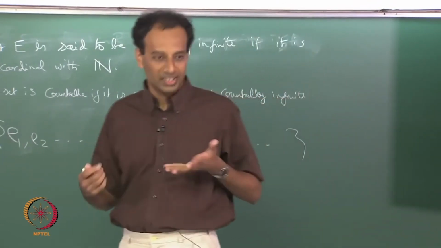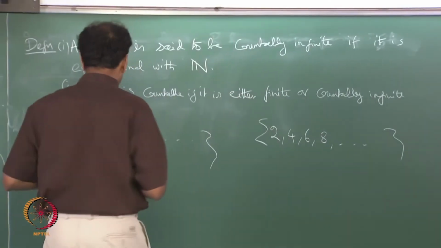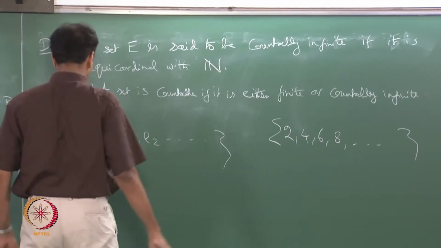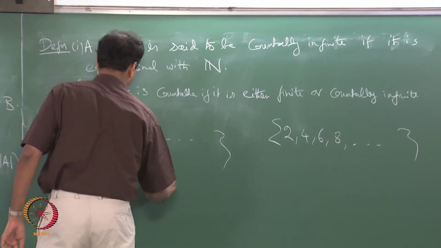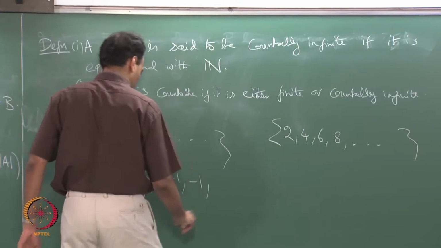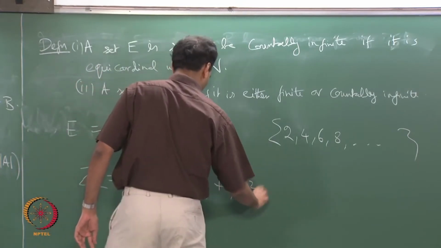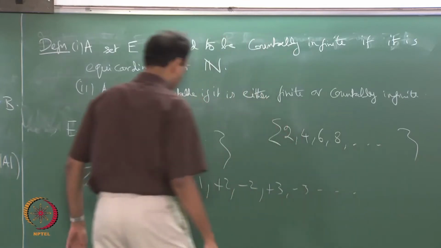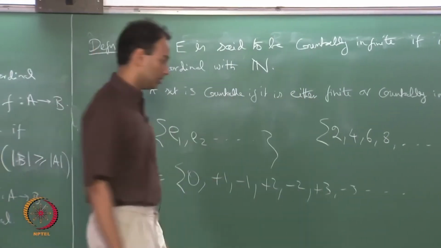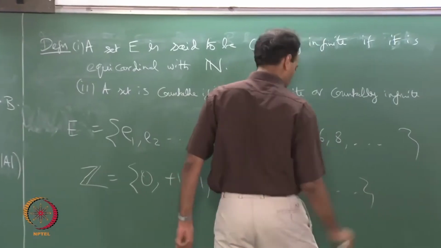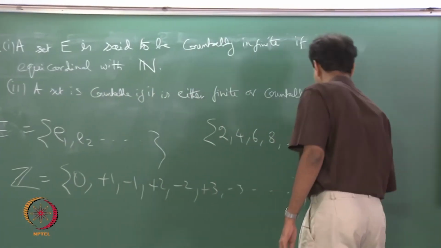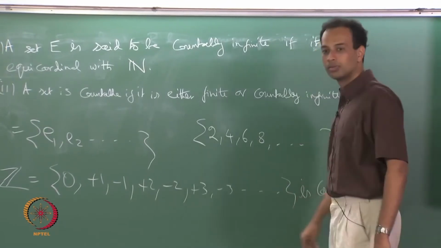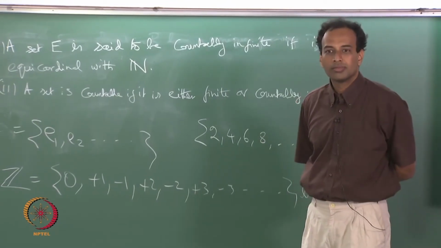So if you take the set of all integers, for example, let us say you take Z, which is 0, plus 1, minus 1, plus 2, minus 2, plus 3, minus 3 and so on, right. This is also countable, right.